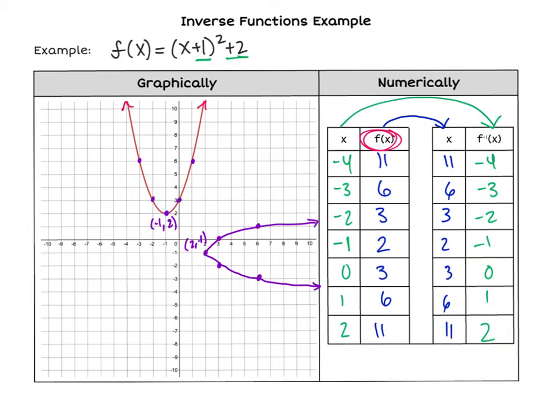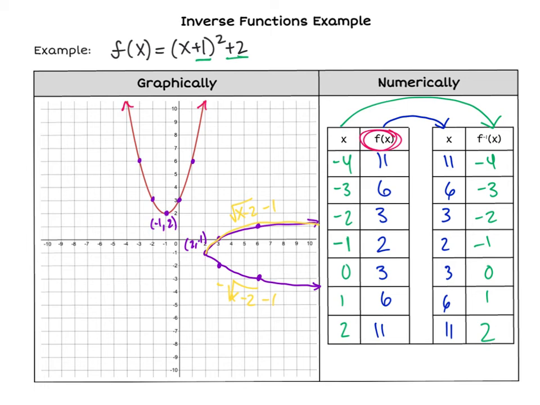And if we look at this original function, it makes sense that I have two different equations, two different square root equations. One is here above the x-axis. This would be the positive square root of x minus 2 minus 1.